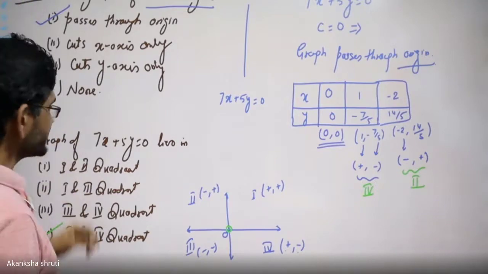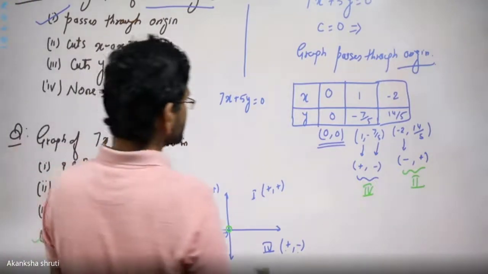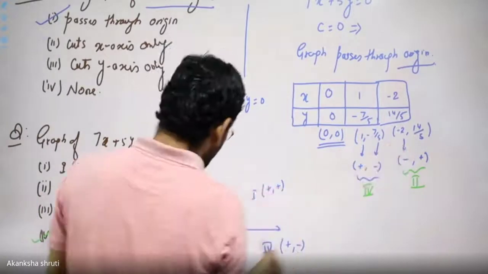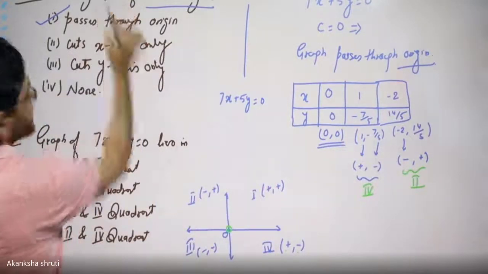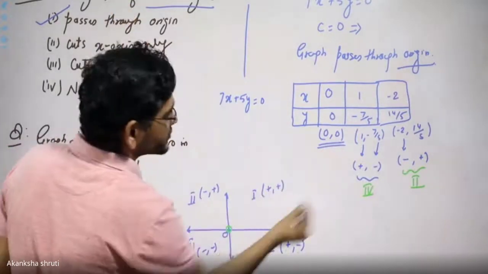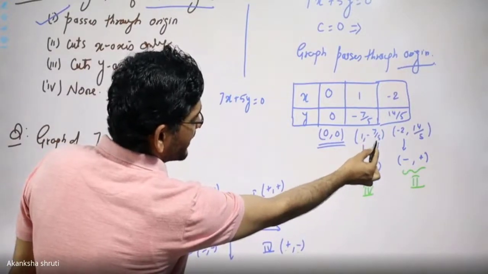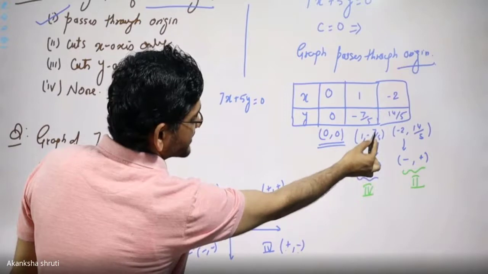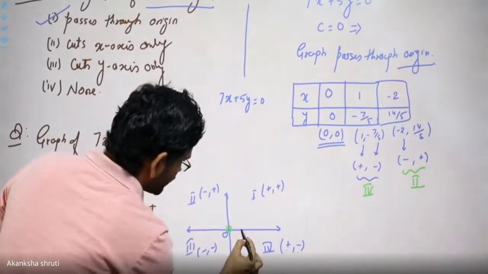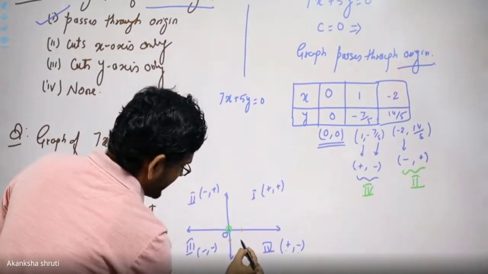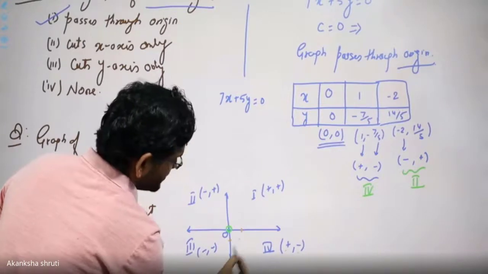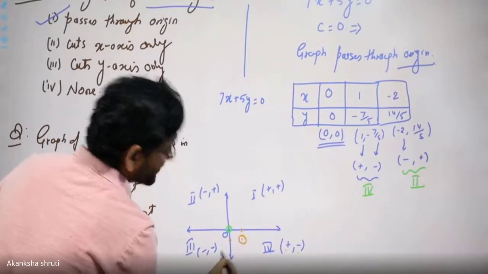Students, if it is asked to draw the graph, we shall plot these points. One is (0, 0), another is x equals 1, y equals minus 7 by 5, which is slightly more than 1, so it will come somewhere here.